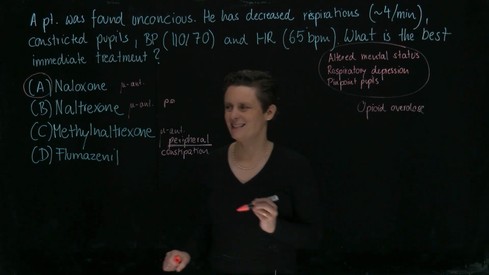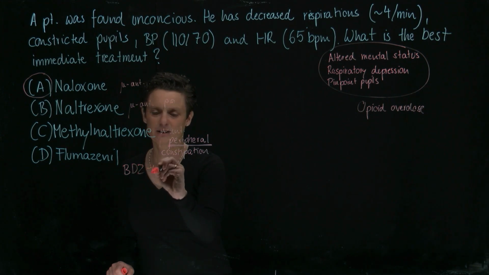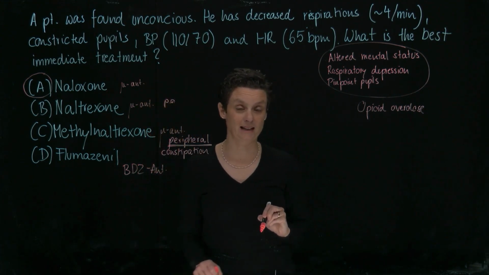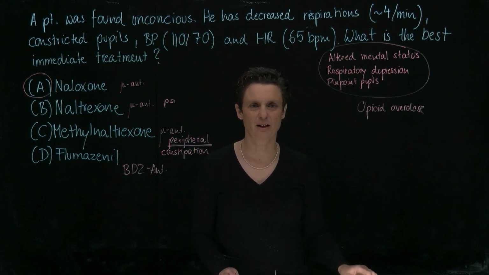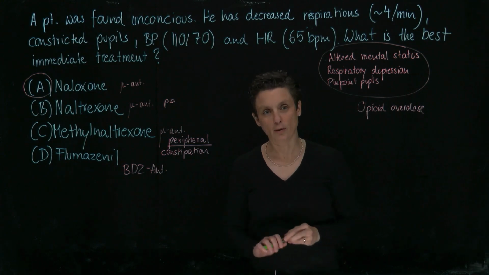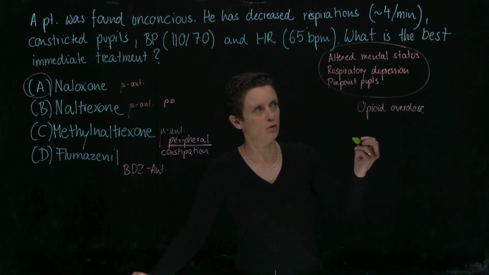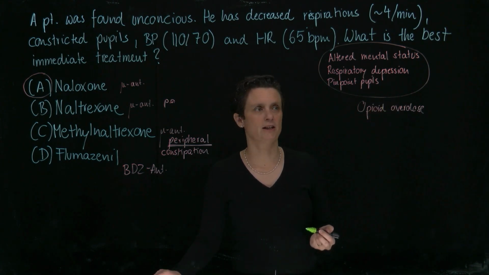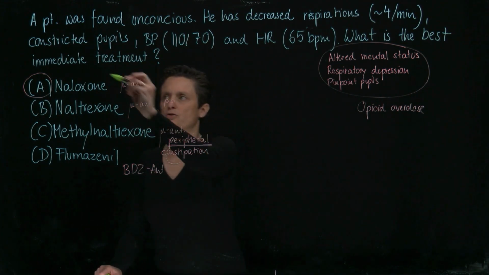What is flumazenil? Flumazenil is a benzodiazepine receptor antagonist. So that's a good drug for an overdose with a benzodiazepine. Let's also look again and see how that is different from an overdose with an opioid, because benzos are also CNS depressants and could also get your heart rate down, also your respirations down, but you would never have constricted pupils.